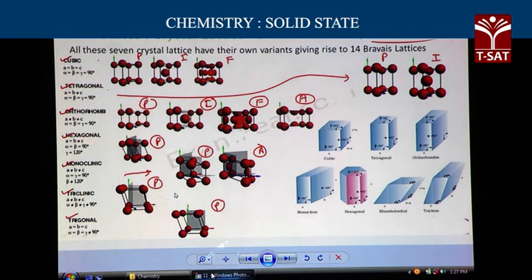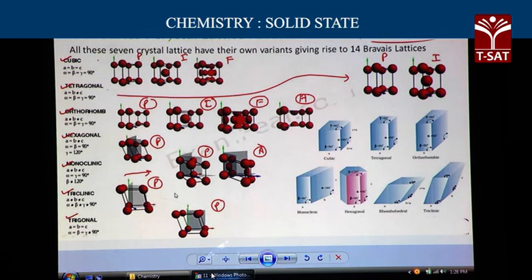If you look at the hexagonal system, only primitive, because in the hexagonal crystal system, the angles between A and B is 90, but gamma is not 90, it is 120. So, it is impossible to fit the spheres in the centers of the face or body centered.